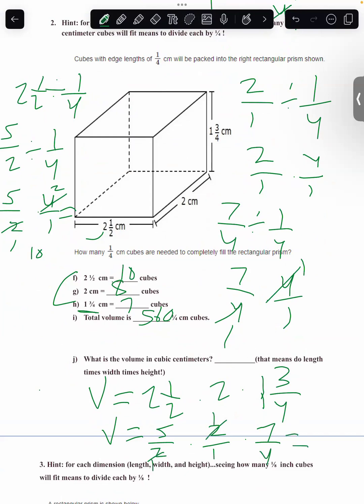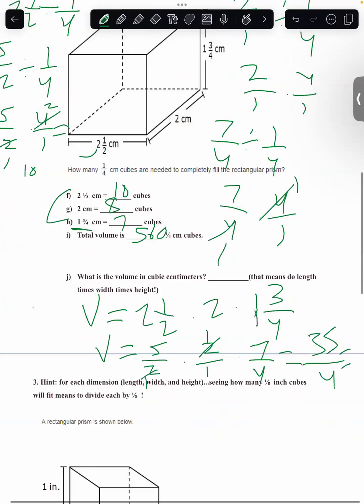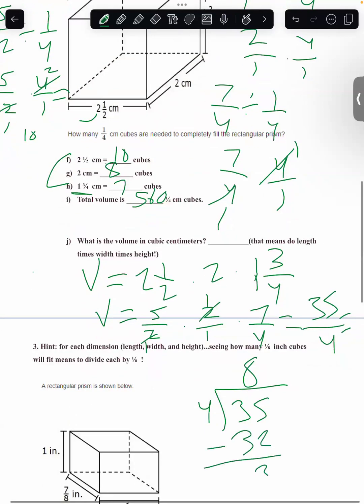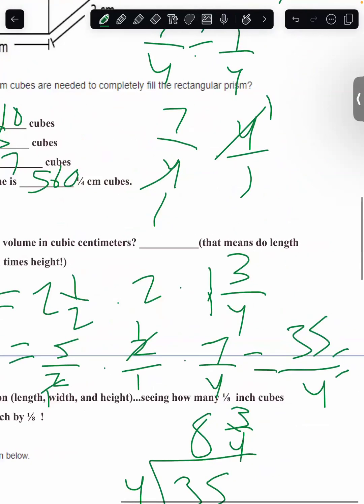So that gives us 35, top times top, over 4. If you divide that out, 4 goes into 35 8 times, 32. So 8 and 3 remainder out of 4. So it's 8 3/4 cubic centimeters.